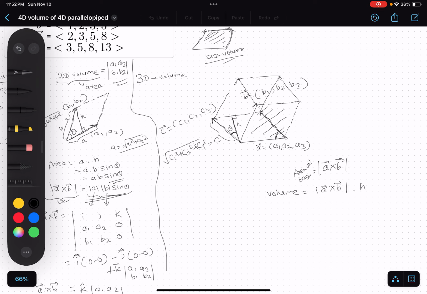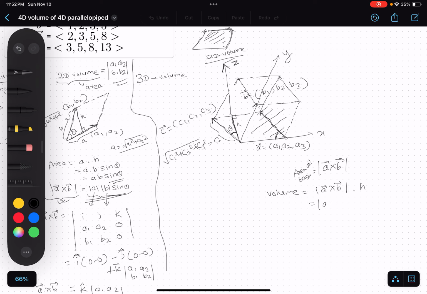If a and b are in the xy plane, this line will just be the z axis. If this is x, and this is y, this will be z. I mean, if x is the i vector and y is the j vector, z will just be in the direction of the k vector. So h is just c times cos theta, right?